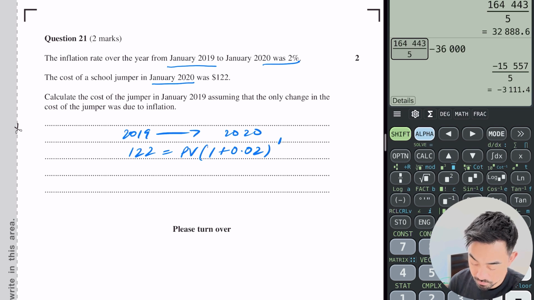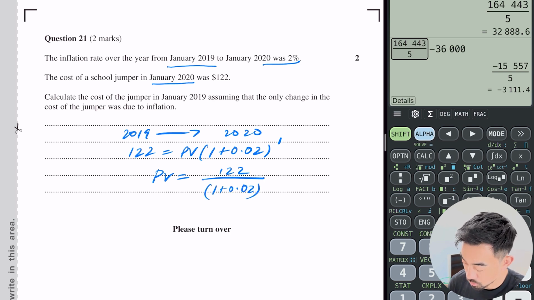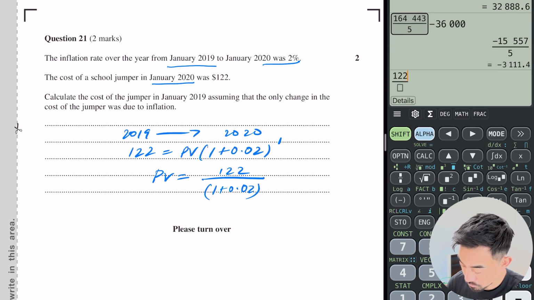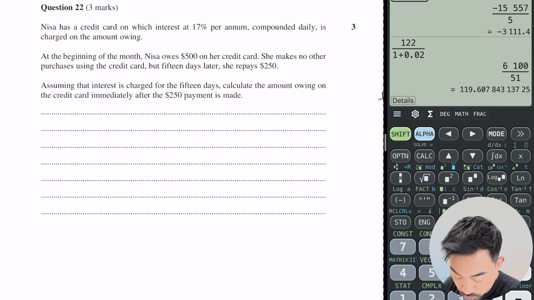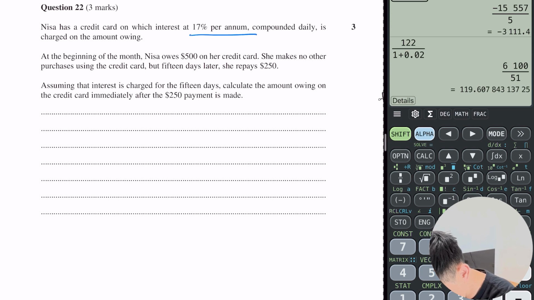So your present value must be 122 over 1 plus 0.02 to the power of 1. So the original cost was $119.61.